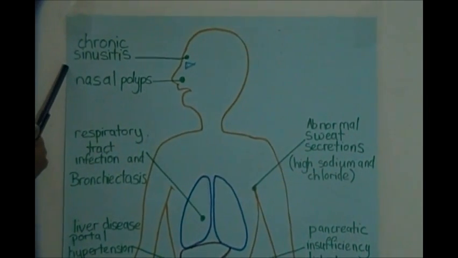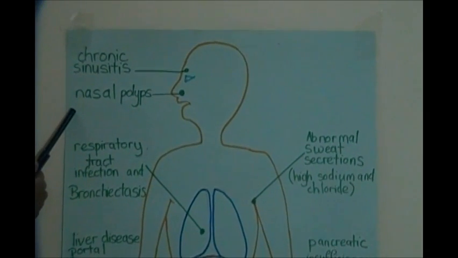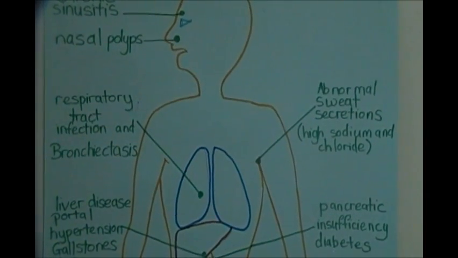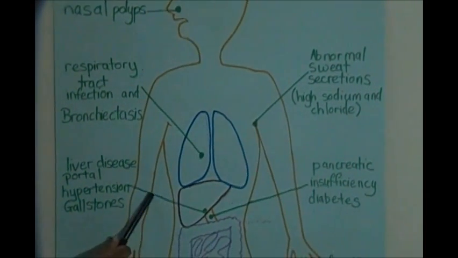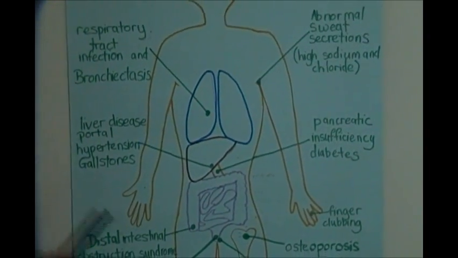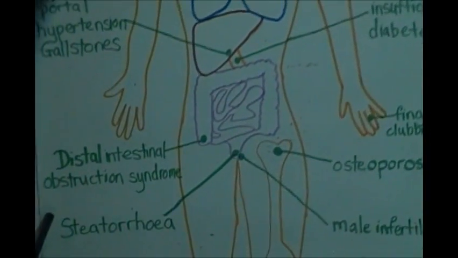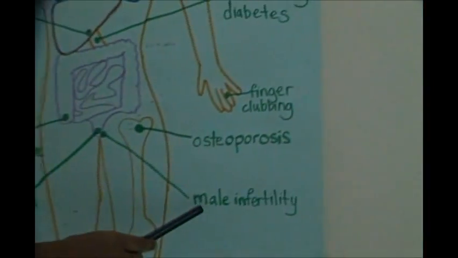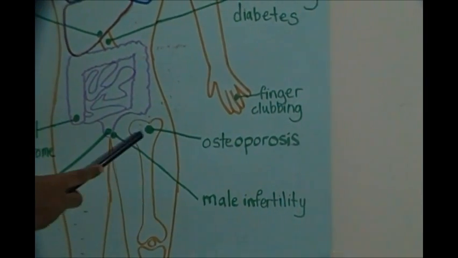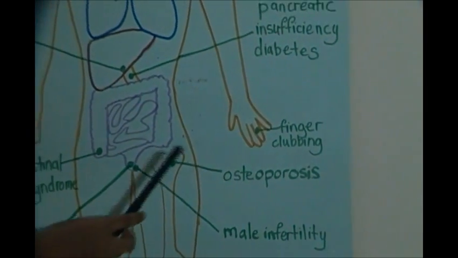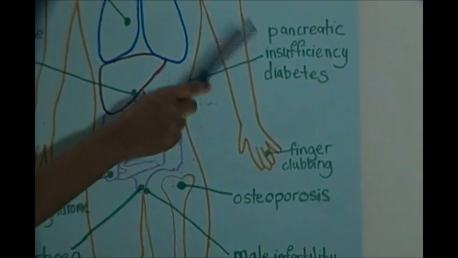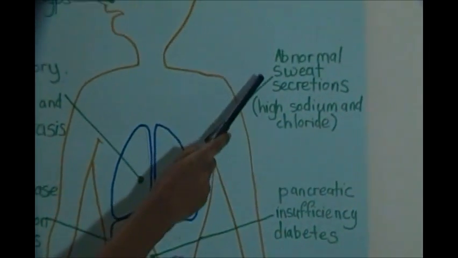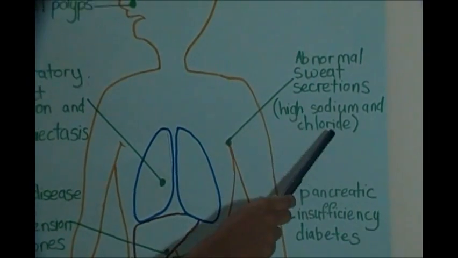First, we have chronic sinusitis, nasal polyps, respiratory tract infection and bronchitis, liver disease, portal hypertension, gallstones, distal intestinal obstruction syndrome, steatorrhea, male infertility, osteoporosis in the bones, finger clubbing, pancreatic insufficiency, diabetes, and abnormal sweat secretions due to the high sodium and chloride.